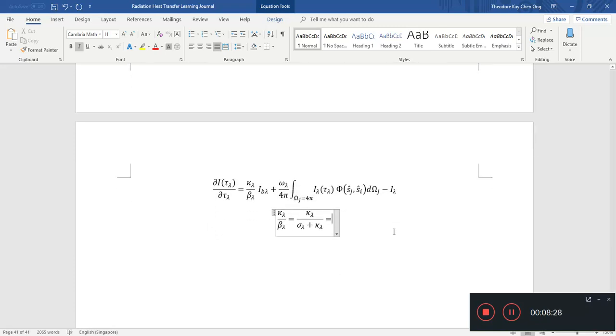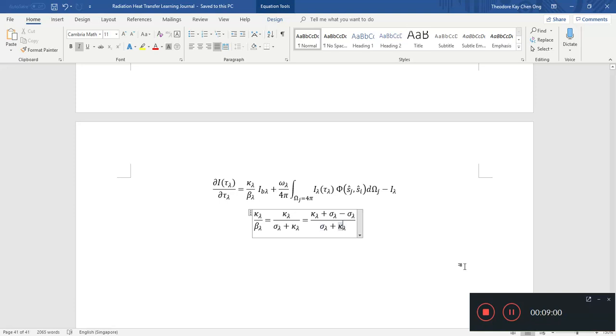How can we arrange it such that you have a quantity we are familiar with? So I can do this plus omega lambda, sigma minus sigma lambda. So this divided by this is just 1, and what do you know? This divided by this is the albedo.